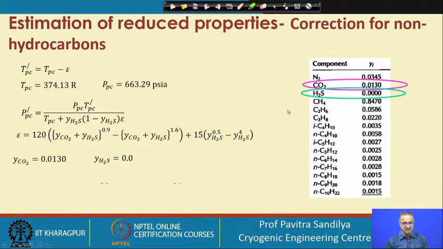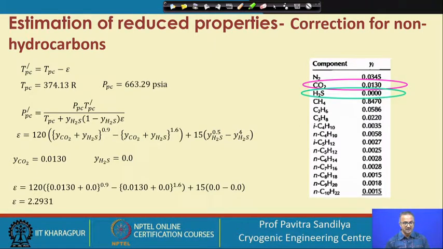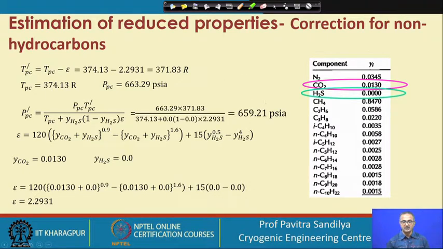So, with these values, we find the value of epsilon as 2.2931. Once we found the value of epsilon, then we can correct our pseudo critical temperature and the pseudo critical pressure like this. So, these are the corrected pseudo critical temperature and pseudo critical pressure.